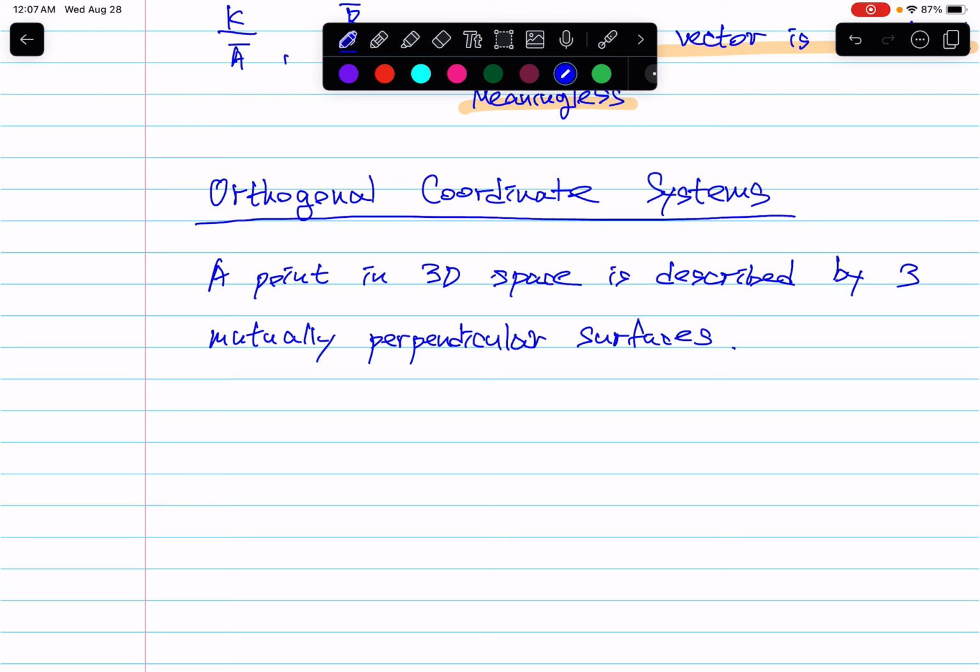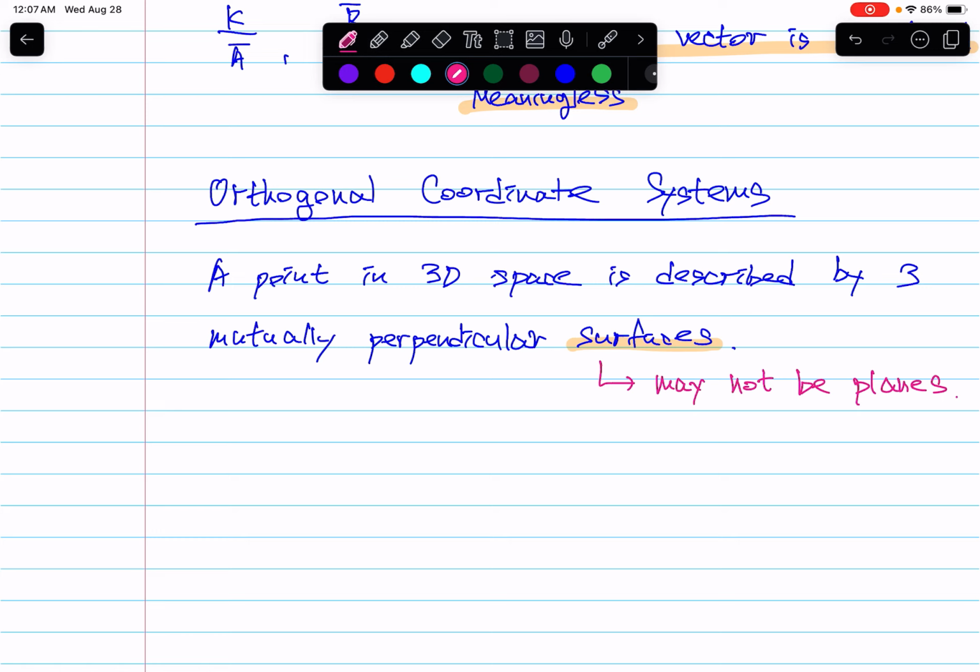Okay, these surfaces may not be planes. Okay, it could be a curved thing, basically.